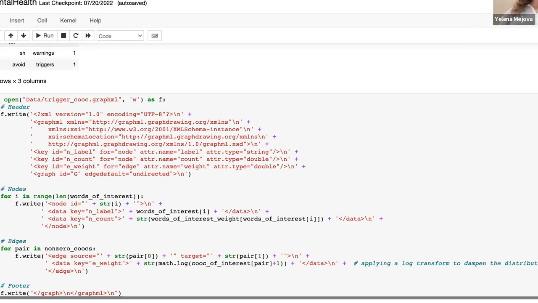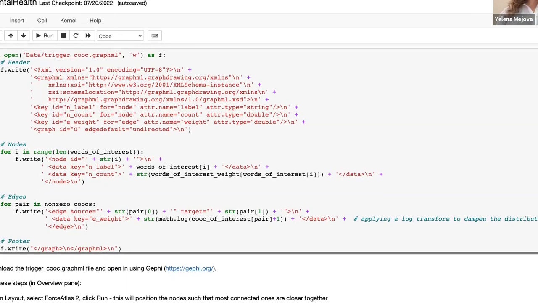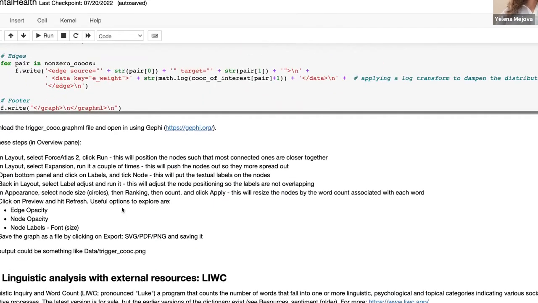Yeah, exactly. The good part about this is that we've already selected some words of interest. We didn't do it for the whole data set, right? We just said these top 30 words, we want to visualize them. So this creates this GraphML file. What you can do is load it into Gephi.